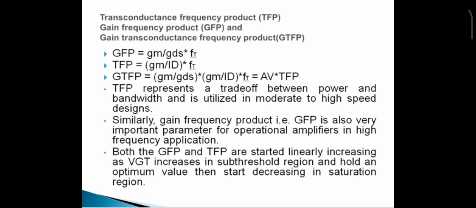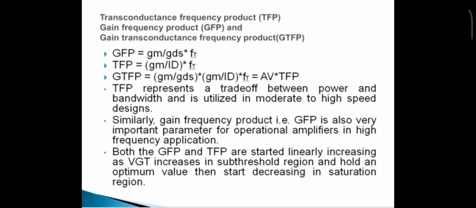TFP, the transconductance frequency product, represents a trade-off between power and bandwidth, and it is utilized in moderate to high speed design. Similarly, gain frequency product GFP is also a very important parameter for operational amplifiers in high frequency applications.